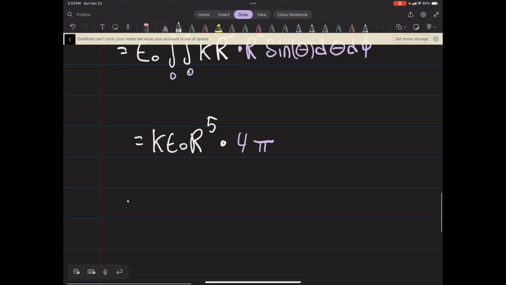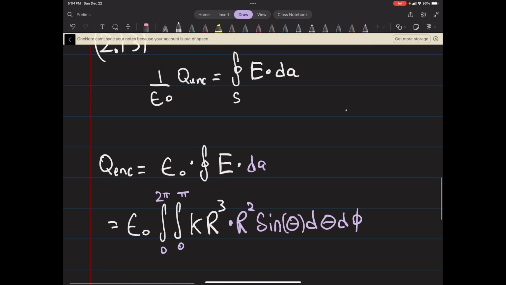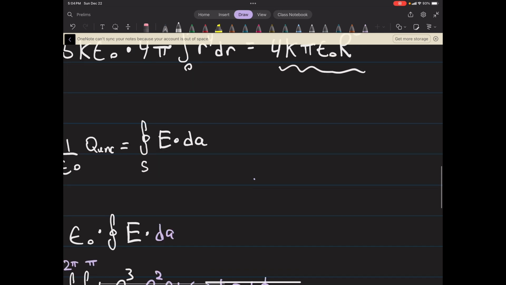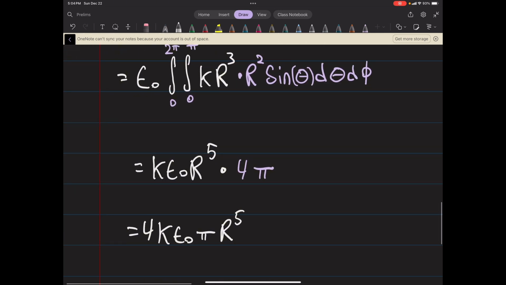So this is again just 4k pi epsilon naught r to the 5th. So two methods, we got the same result both ways.